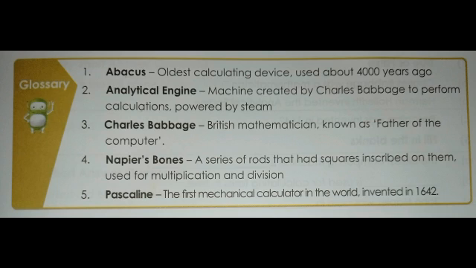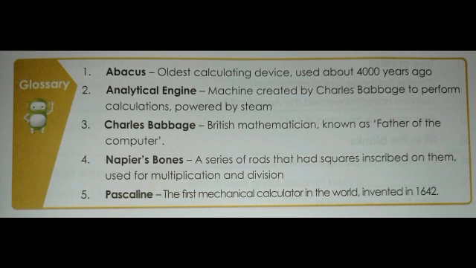Glossary. Number 1. Abacus: oldest calculating device used about 4,000 years ago. Number 2. Analytical engine: machine created by Charles Babbage to perform calculations, powered by steam. Number 3. Charles Babbage: British mathematician known as the father of the computer.